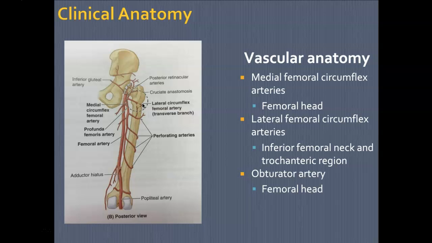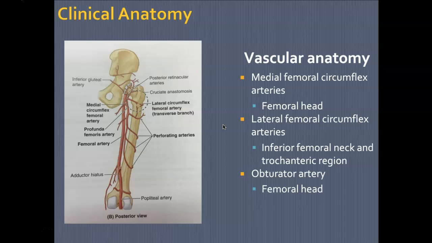Now, I want you to put this in your back pocket so that when we get to injuries, we're going to talk about some where the femoral head starts to die because there's a lack of blood supply. And the major compromise is to that medial femoral circumflex artery, right? Okay, what we know about the neck, I guess, of the femur is that it's supplied by the lateral femoral circumflex artery. So a lot of times if we don't have healing after a femoral neck stress fracture, most often there's compromise to the lateral femoral circumflex arteries.